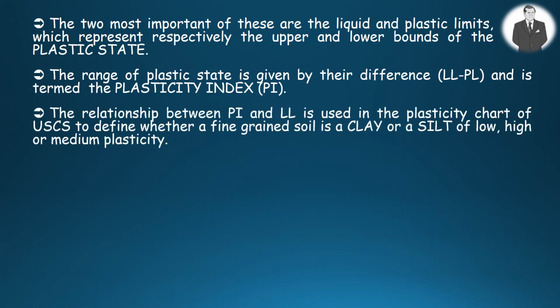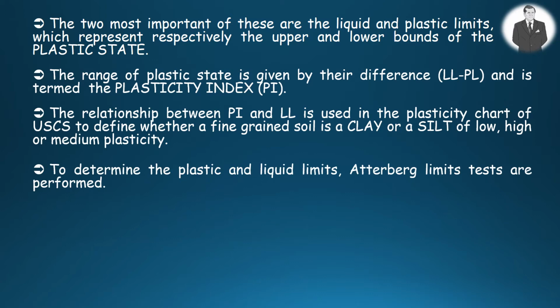The relationship between plasticity index and the liquid limit is used in the plasticity chart of the Unified Soil Classification System, as explained earlier, to define whether a fine-grained soil is a clay or a silt of low, high, or medium plasticity. Now, to determine the plastic and liquid limits, Atterberg's tests are performed.